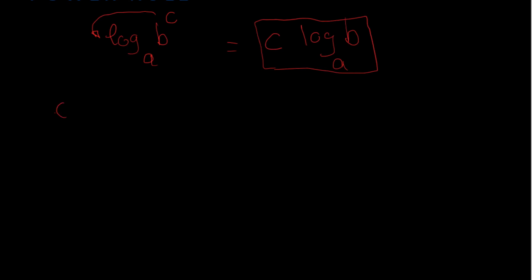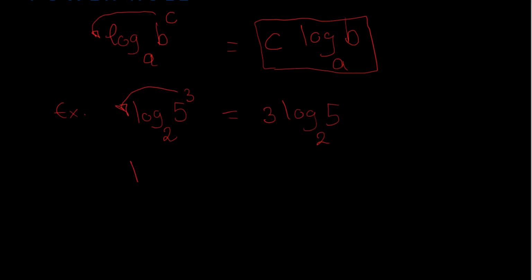So let's take an example. If we have log base 2 of 5 to the power of 3, it's equal to 3 log base 2 of 5. As you see, the c jumps to before the log.